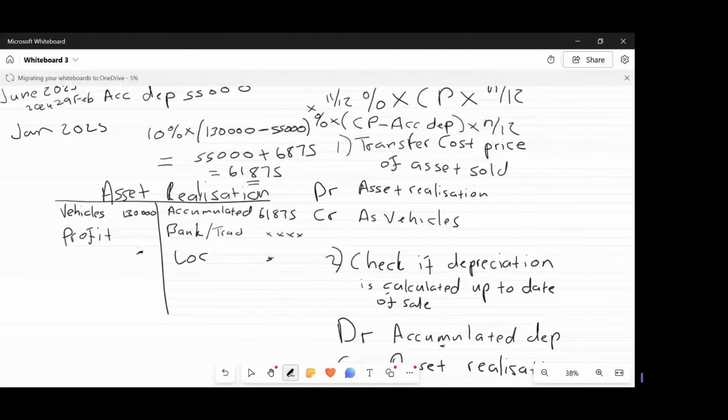So that amount here, either the profit or the loss, will be your balancing amount, whereby if this side is 130,000, this side also needs to be 130,000, so that it balances. Okay. Do you understand? Yes, I do. So once you're done with that, then you're done with your asset realization.